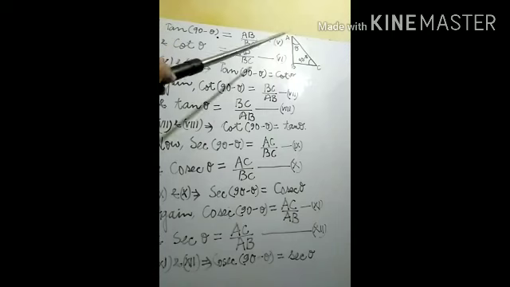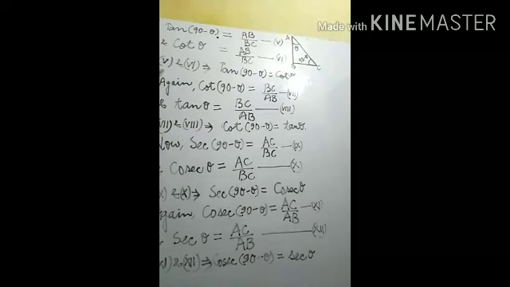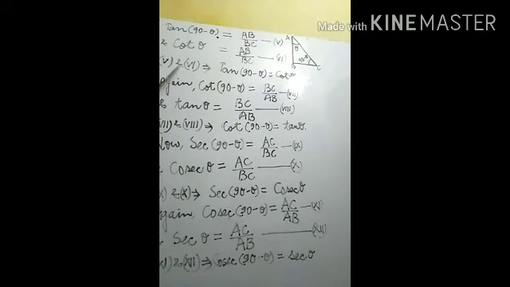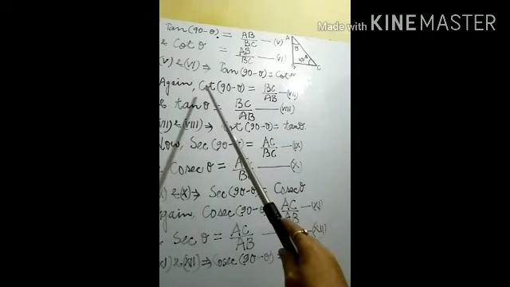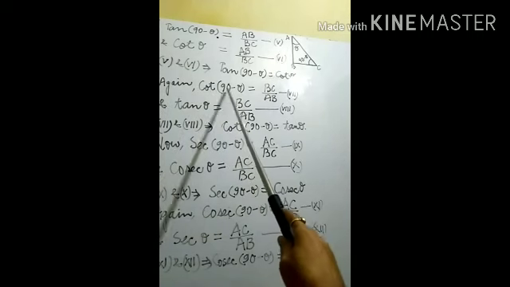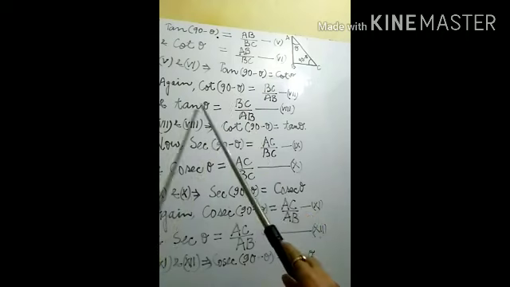By comparing 5th and 6th, we have the result, means after comparing equation number 5 and 6, what will be obtained here? We have tan 90 minus theta equals cot of theta. Again, we have to establish the relation of cot 90 minus theta and tan of theta.